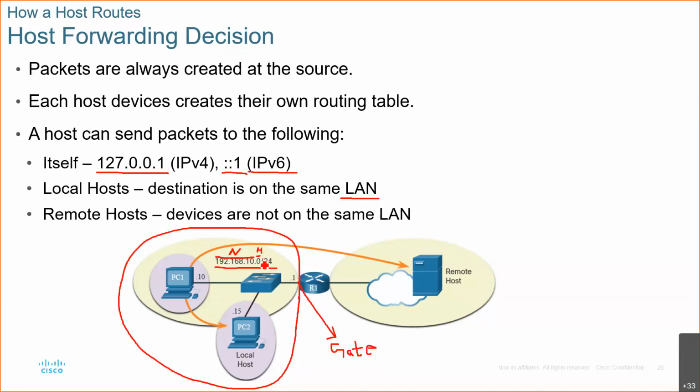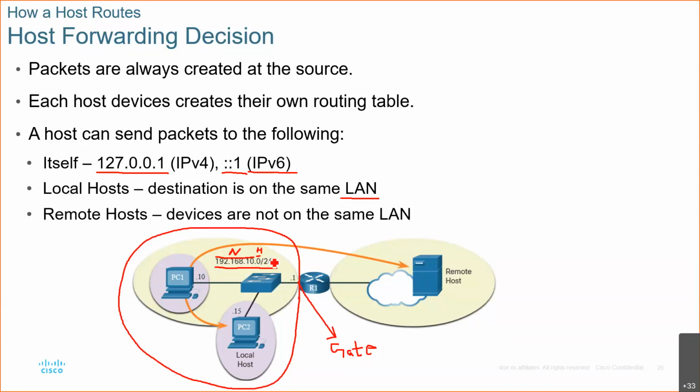The only change that you have to do is in the host portion. So the router gateway, we give 192.168.10.1. This host, we give 192.168.10.15. This host, we give 192.168.10.10.